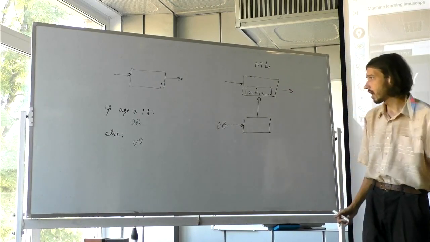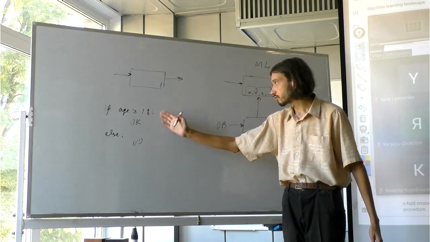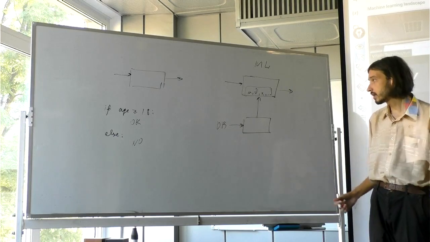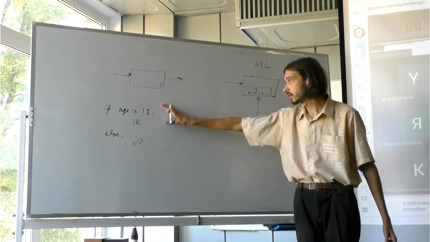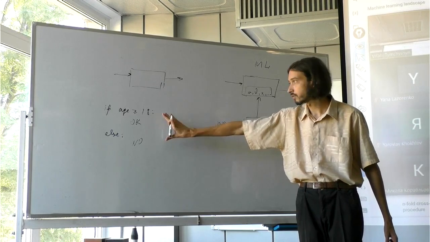How does it look in this case? Once again, I want a program that will say if you are eligible for getting a driver's license.